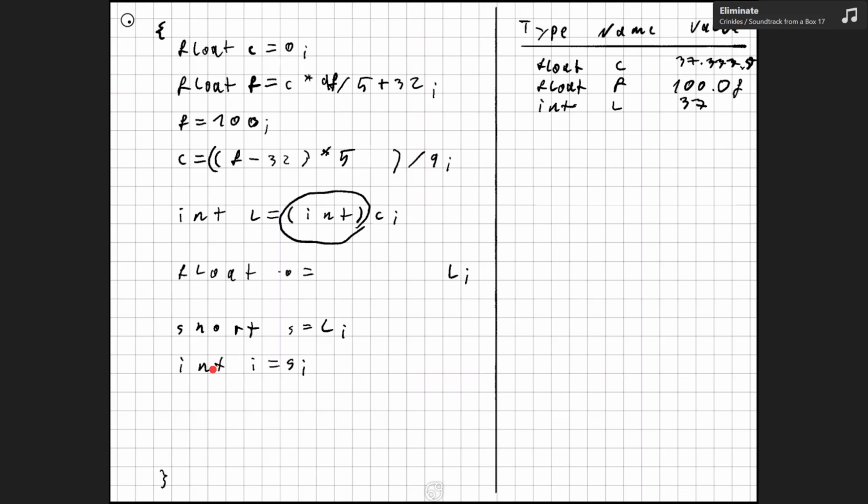An integer will always be able to store anything a short contains, so this is fine. But a short will not always be able to store the number an integer can contain. So this cannot happen. If you want to do this, you would have to explicitly cast it.